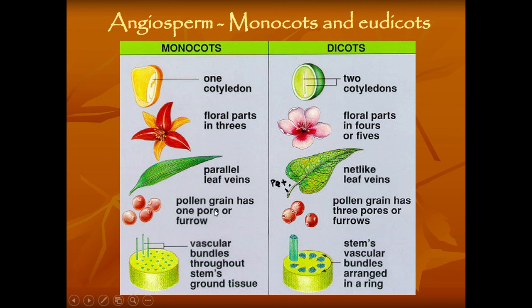For monocots, the pollen grain has one pore, or furrow, as you can see here. Meanwhile, for dicots, the pollen grain has three pores, 1, 2, 3.